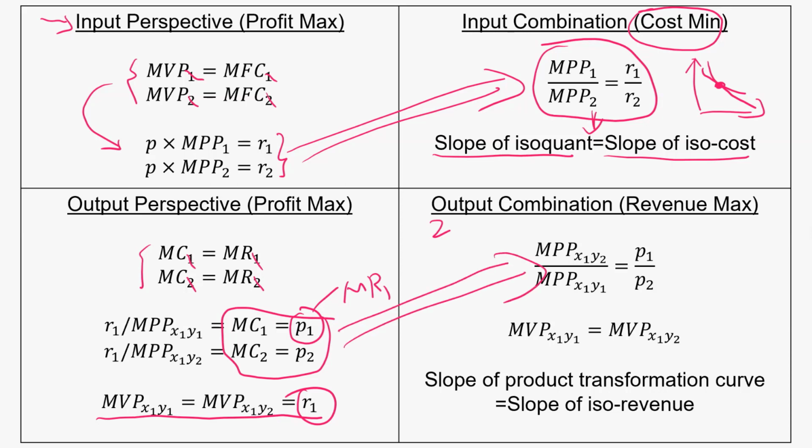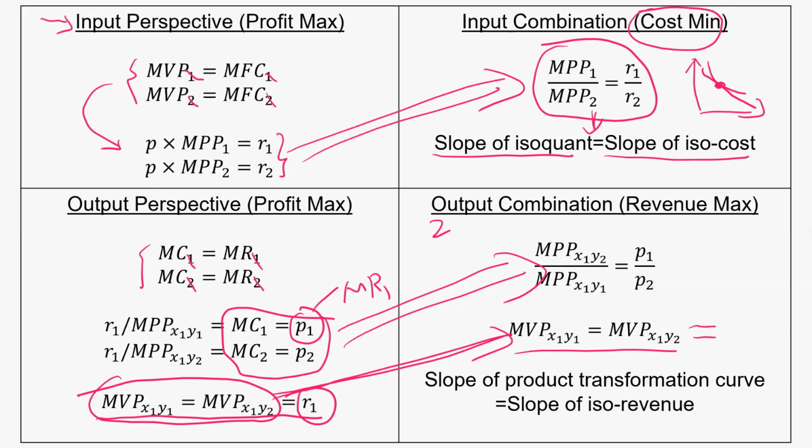So P1 over P2 is equal to the ratio of the two MPPs, and it's also linked here. So profit maximization implies revenue maximization, and for revenue maximization to be profit maximization, this has to equal MR1. So this is the actual condition for the revenue maximizing output production level to also be profit maximizing.